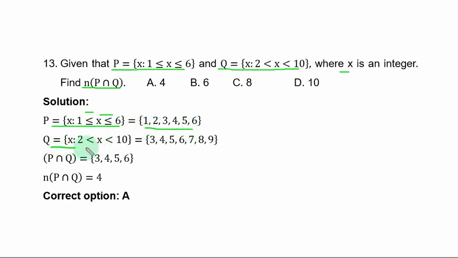This is set Q. By the given symbol of inequality, 2 and 10 are not inclusive. You list the elements between 3 and 9. This is the intersection, the common elements to set P and Q. This N means number of elements in the intersection. There are 4 in number. A is the correct option.